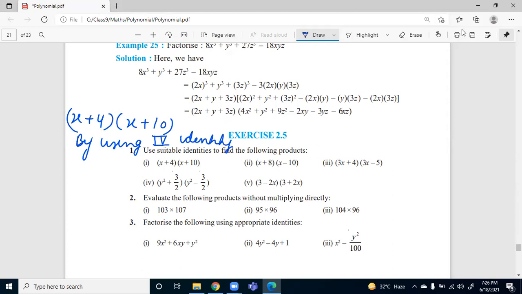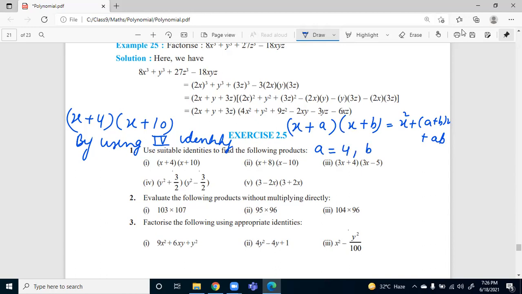So what is the fourth identity? (X plus A) into (x plus B) is equal to x square plus (A plus B) into x plus AB. So what is the value of x here? X is x. What is A? Ayan? 4.